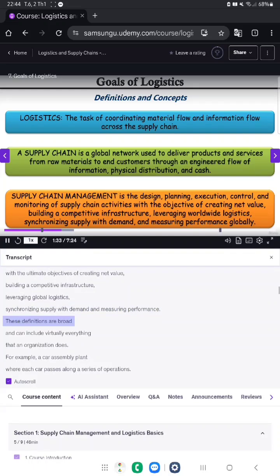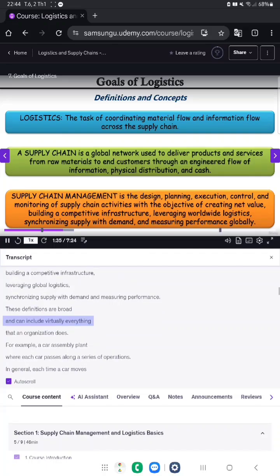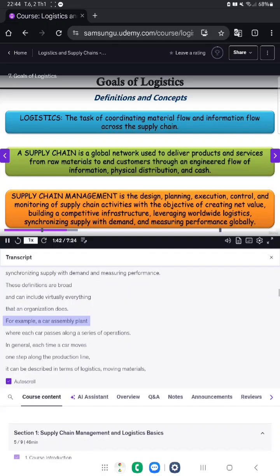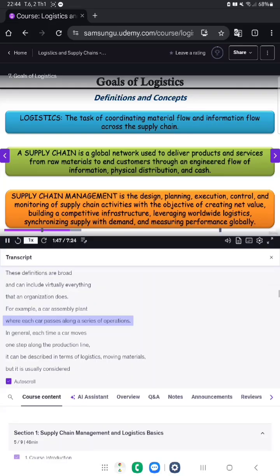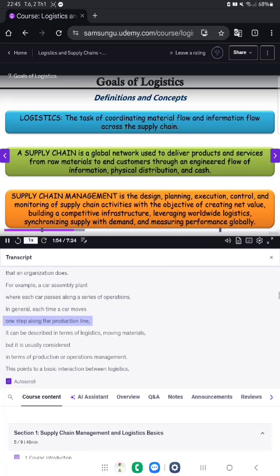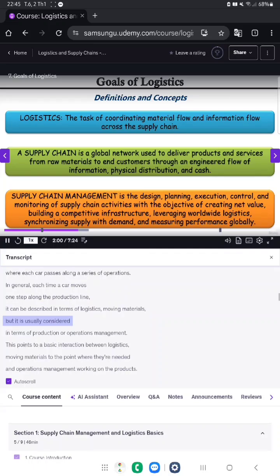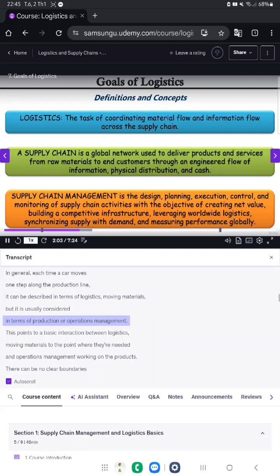These definitions are broad and can include virtually everything that an organization does. For example, a car assembly plant where each car passes along a series of operations. In general, each time a car moves one step along the production line, it can be described in terms of logistics, moving materials, but it is usually considered in terms of production or operations management.